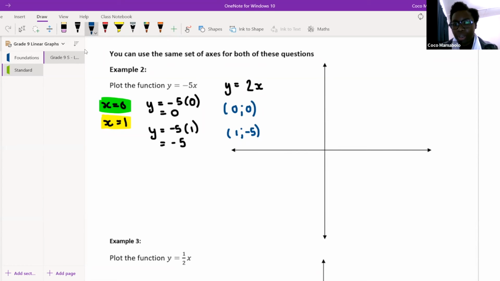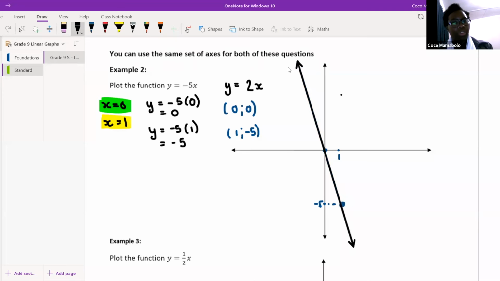I'm going to go to my graph and go to 0, 0, and put a dot. And then I'm going to go to the point 1 and negative 5. I'm just going to put negative 5 somewhere down here, and that's where they would meet. And then I'm going to join them like that because I only need 2 points.